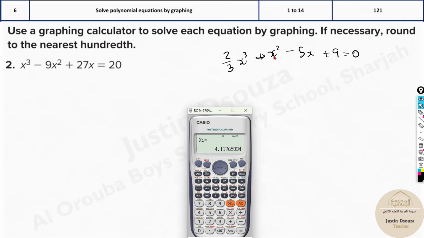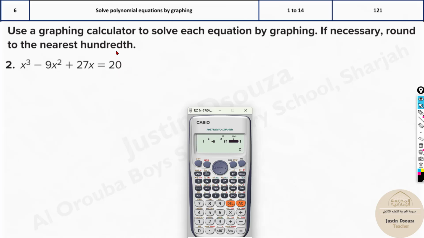And what about these? It's just the same thing, but you need to rearrange it and write it in the standard form. If you go to mode 5, the last option, you can see that is the standard form, x cubed plus x squared plus x plus d equals 0. So all you do is, mode 5, now 4. Now type in the coefficients, 1, minus 9, whatever is before x squared, x cubed, x, everything, those are the coefficients.